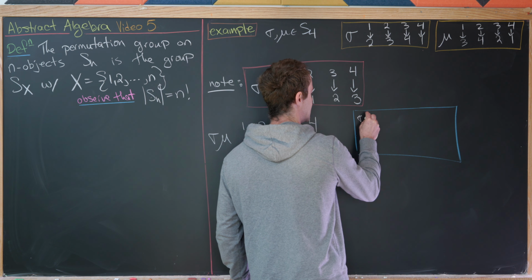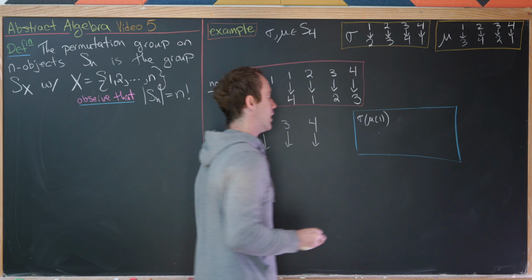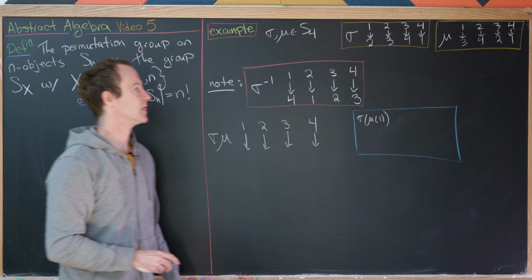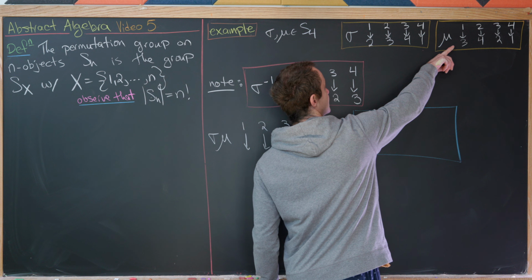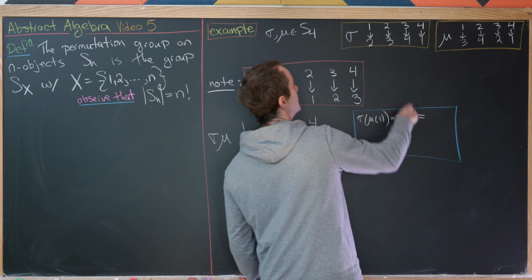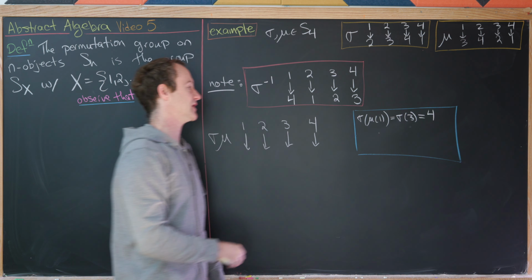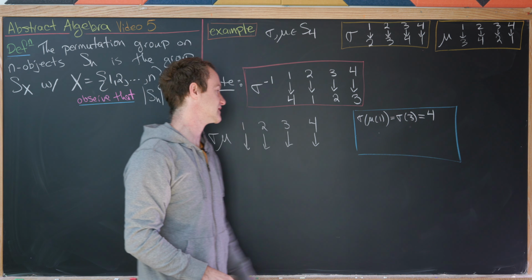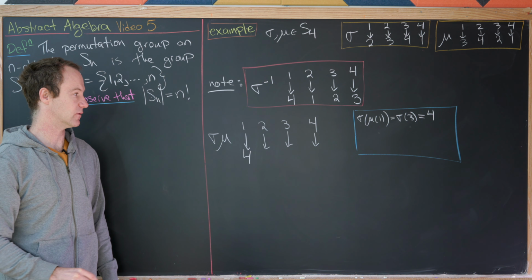The first thing that we need is sigma of mu of 1. So that would be sigma composed with mu evaluated at 1. Okay, but mu of 1 is equal to 3 based off of this description right here. So this is sigma of 3. But then sigma of 3 is 4 based off of the description up here. So in the end, sigma of mu of 1 is 4. So that means we would put 4 down here as the image of 1.